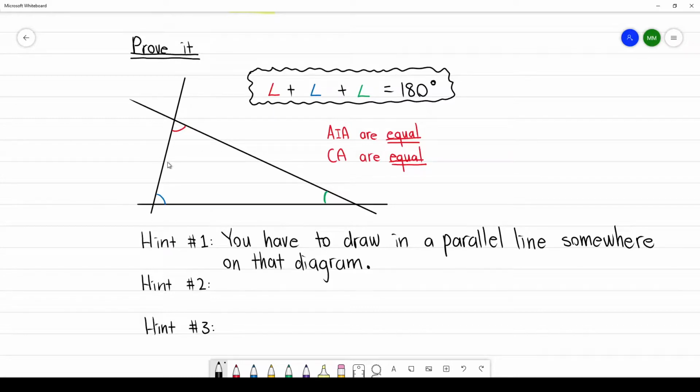So yeah, somewhere on here. Parallel line, see, I specified, not just any line. So parallel line. That means it has to be parallel to something. So try drawing in a line.